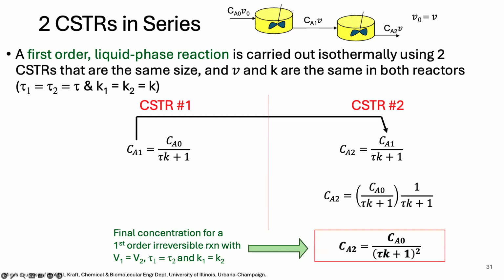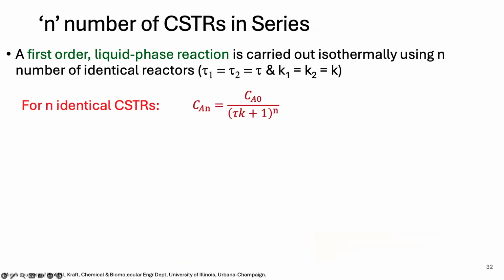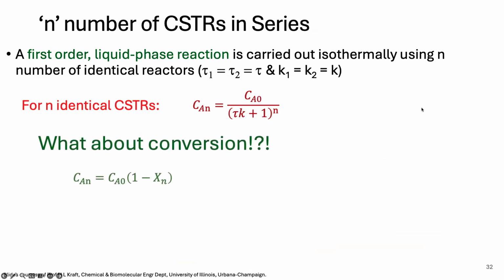If we extend that further and assume we have not one or two, but n, where n could be as high as infinity, numbers of CSTRs in series, then we can write a general expression to describe what's leaving the nth CSTR as follows. Now, what about conversion?